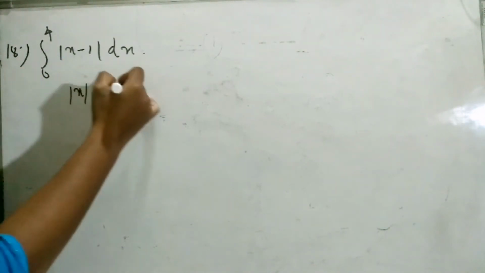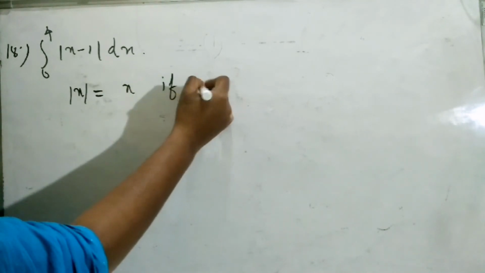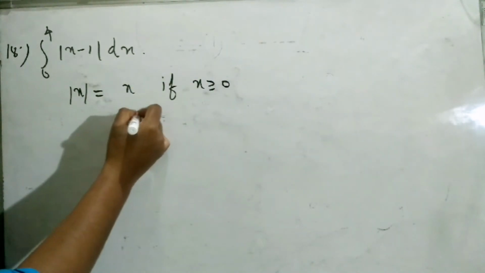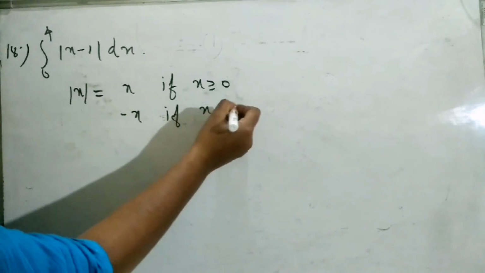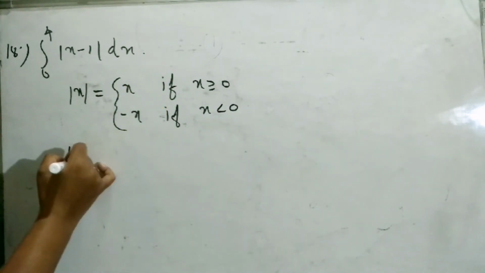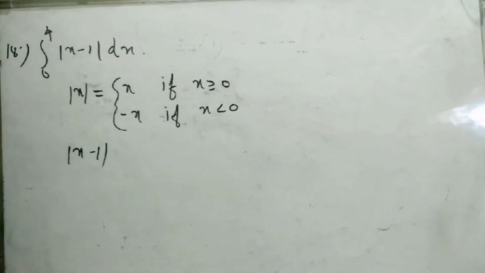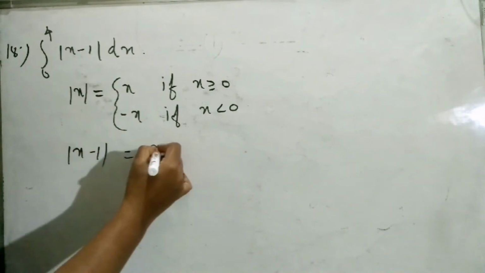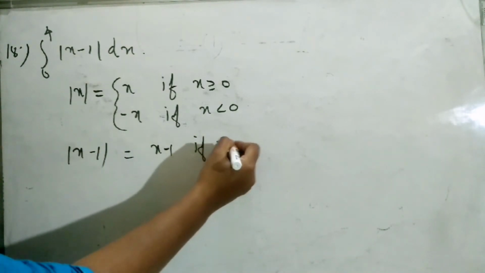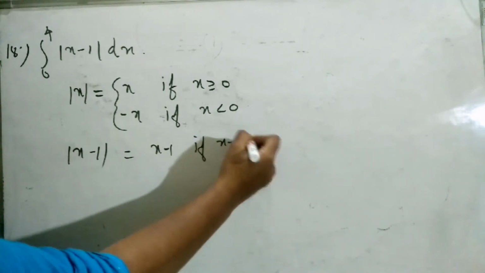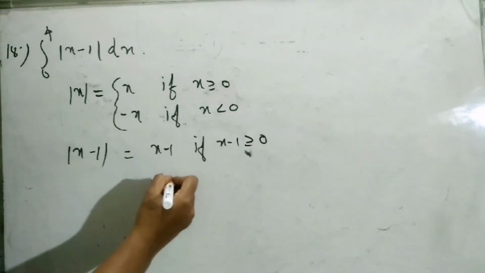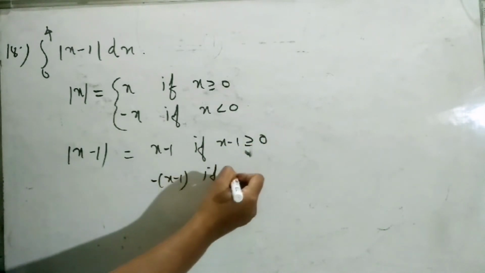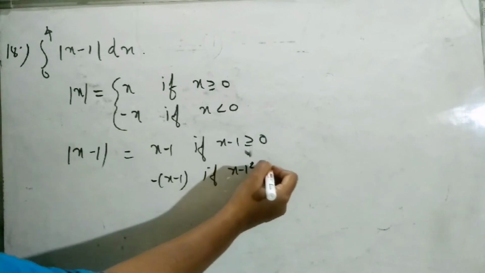So mod x is equal to x if x is greater than or equal to 0, minus x if x is less than 0. Okay, that same splitting I'm going to give for mod x minus 1. That is x minus 1 if x minus 1 is greater than or equal to 0, minus of x minus 1 if x minus 1 is less than 0.